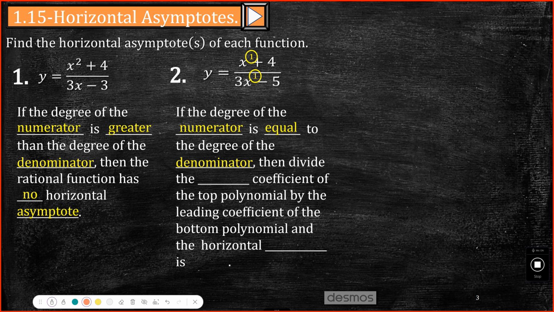The leading coefficient is the one in front of the x. Divide the top leading coefficient by the bottom one, which is 3, and set it equal to y. So y equals 1 over 3.